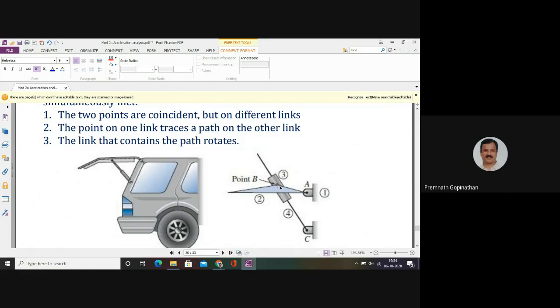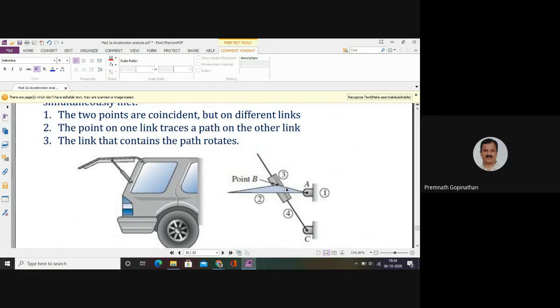What we can just imagine is that this particular slider will be having a rotary motion as well as a sliding motion, because link 4 is having a rotary motion, link 2 is also having a rotary motion, right? Whereas the slider is having a linear motion as such. And at the same time, if you analyze it as a combined motion, the slider will be having a rotary motion since link 4 is rotating, and it is having a sliding motion through link 4.